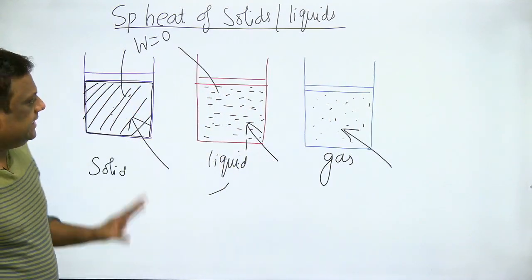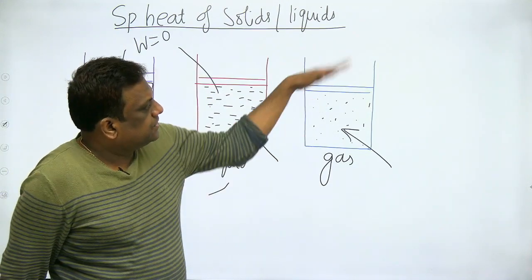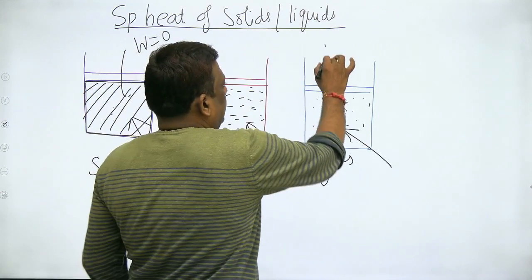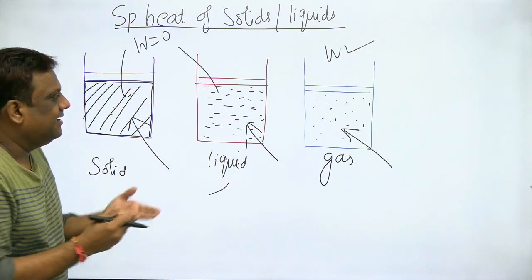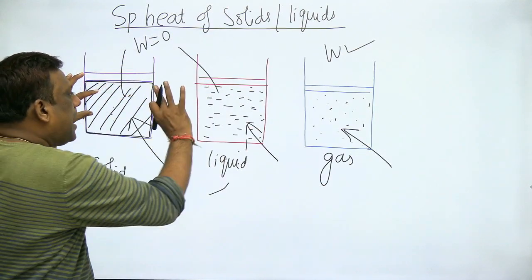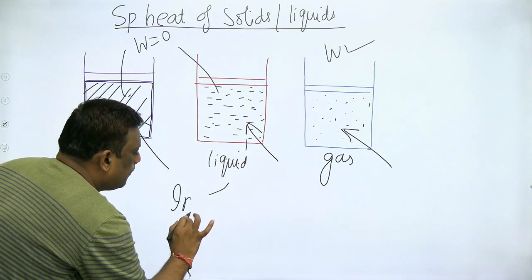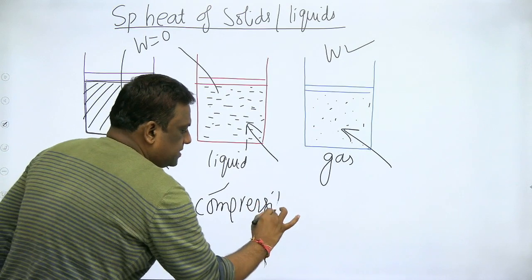इसमें देखना, when you are heating it, there is a huge difference. Means there is work here. In this case, what do we mean by work? Raising the piston. So, as solids and liquids are incompressible. What do we mean by incompressible?